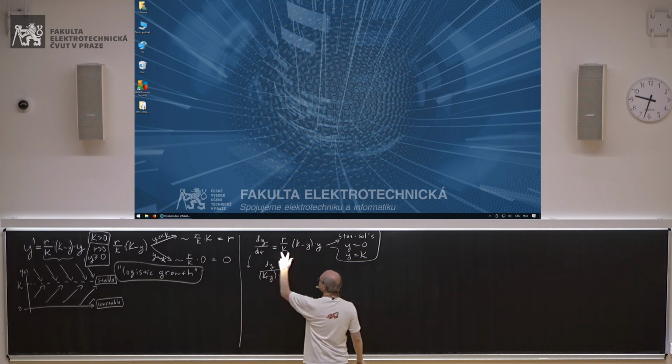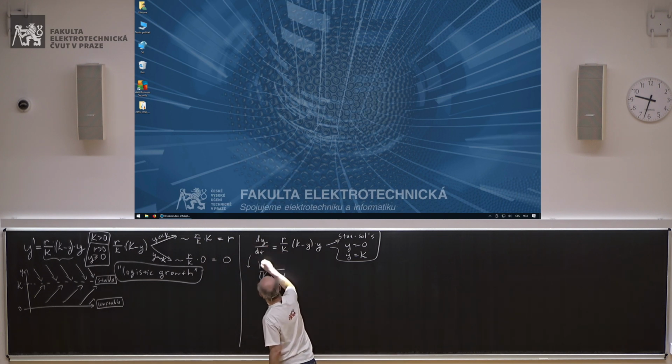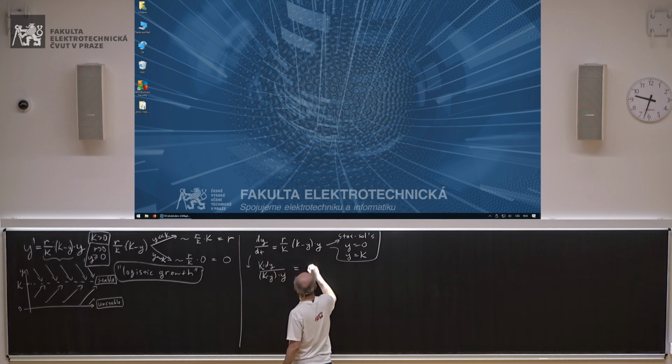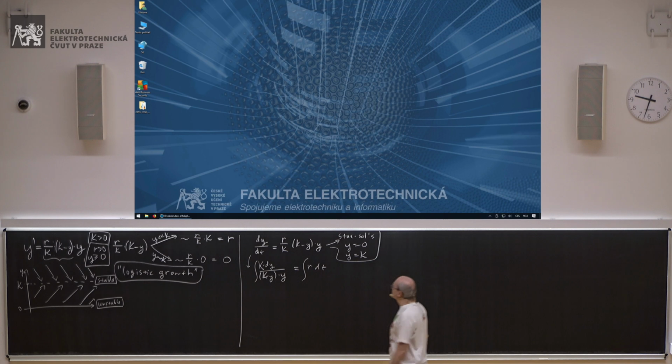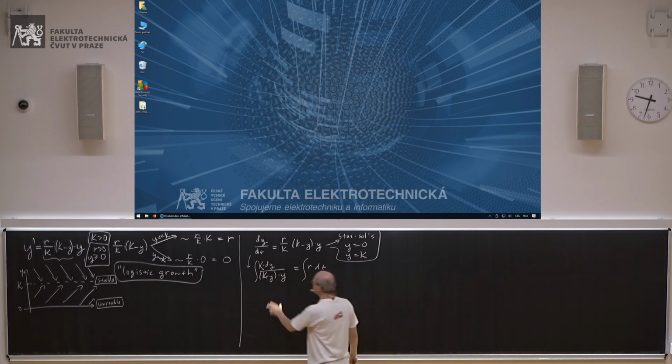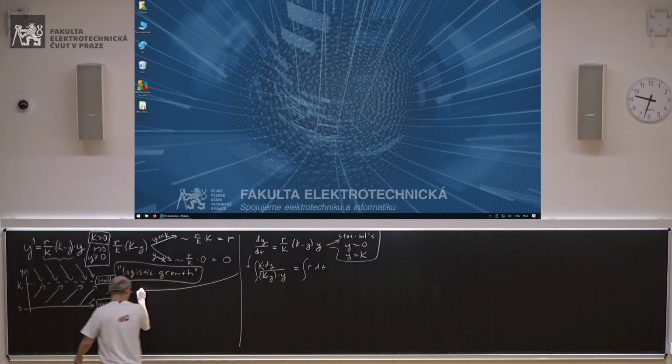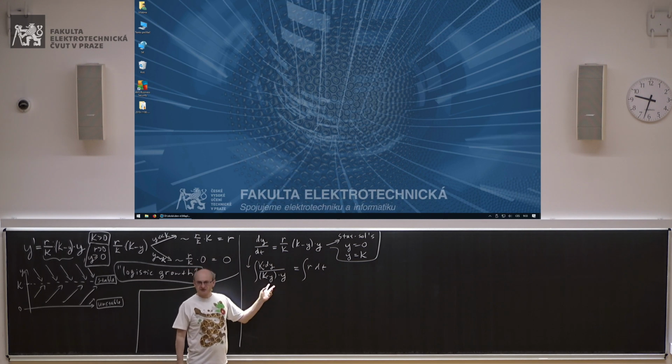And I'm also going to move k to the left. And this is r dt. And now we don't integrate. Why? Because, well, we will need to handle this integral, and partial fractions will come in handy.